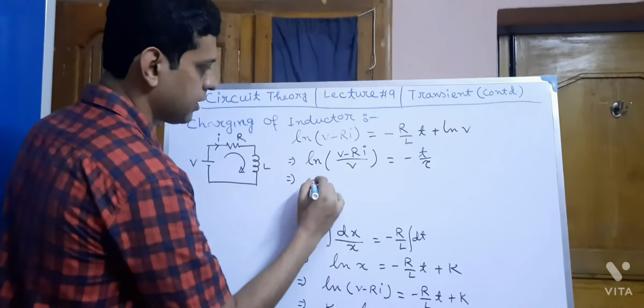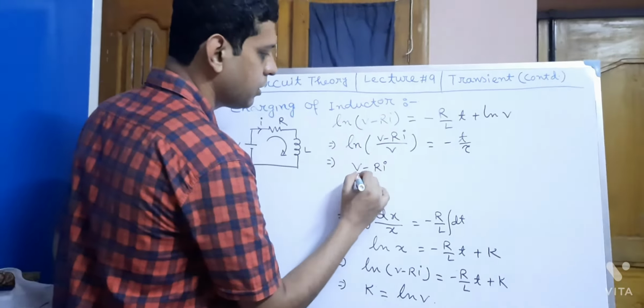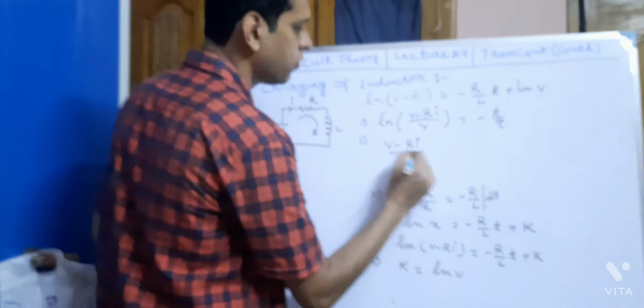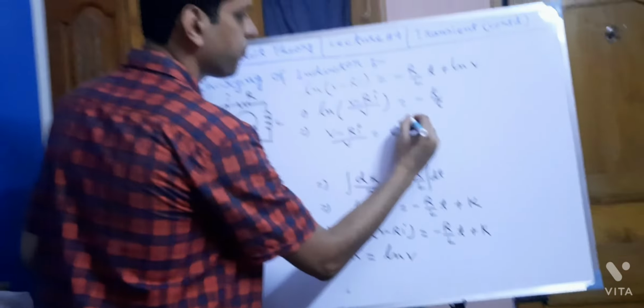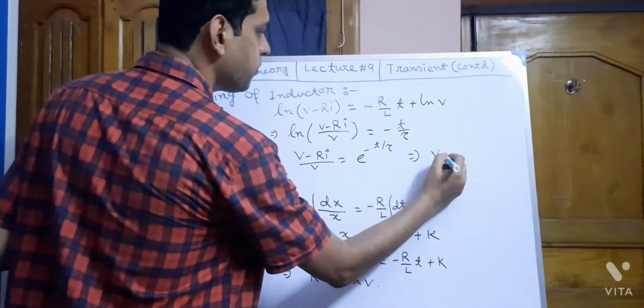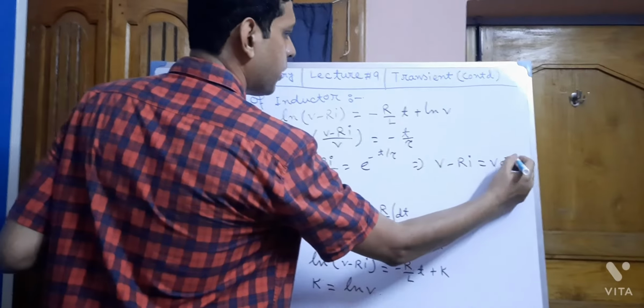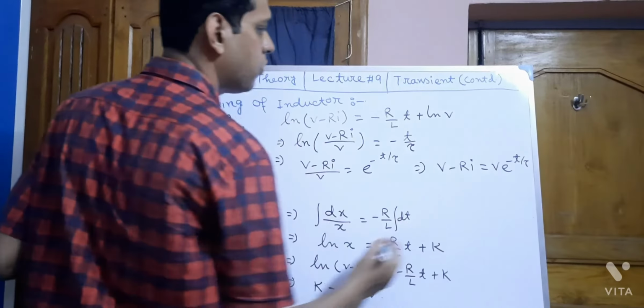Hence v minus ri by v is equal to exponential minus t by tau, or v minus ri equal to v e to the power minus t by tau.